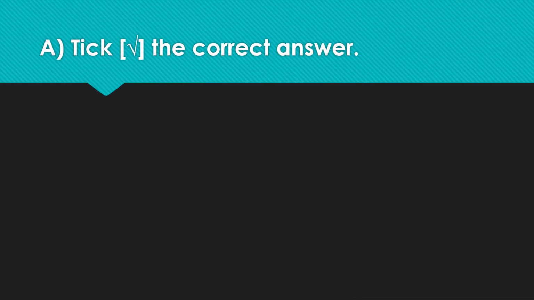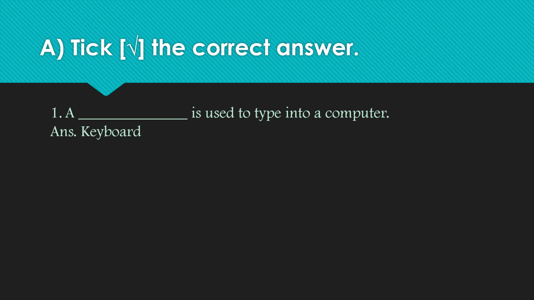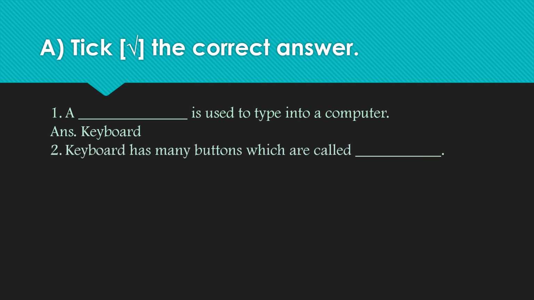Now, tick the correct answer. Number 1, a dash is used to type into a computer. Children, which part of a computer is used to type into a computer? Mouse, printer or keyboard? The answer is keyboard. Second, the keyboard has many buttons which are called dash.